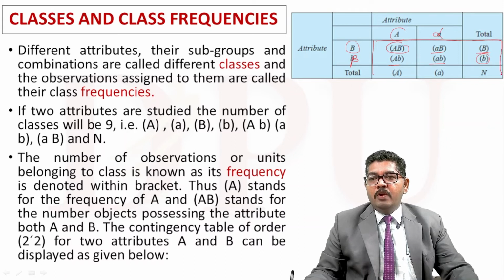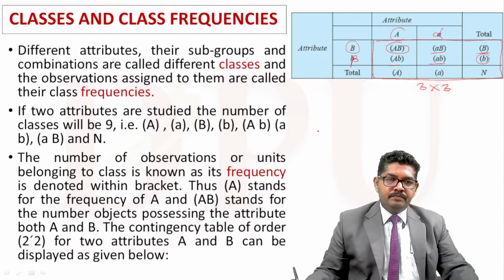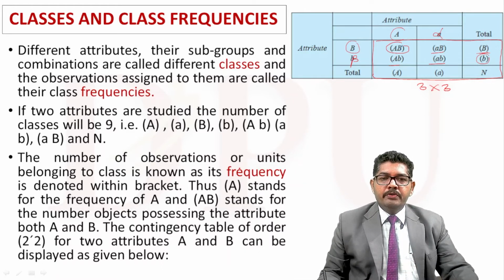Look at this narrower table. In this particular table, the smaller table of 3 by 3 in the entire table, right? These are the class frequencies, we can call them AB, alpha B, B, then A beta, alpha beta, beta, A, alpha, and N. These are the class frequencies, and in this particular table we have 9 classes. The number of observations or units belonging to a class is known as its class frequency.